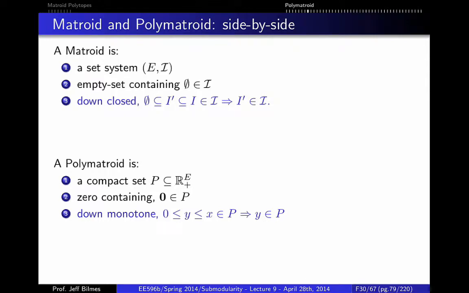A matroid is downclosed in the following way: if we have any independent set and we take a subset of the independent set, the subset is also going to be independent. A polymatroid is down monotone. So if we take any x inside of P and y, which is a subvector of x, then y is going to be in P as well.